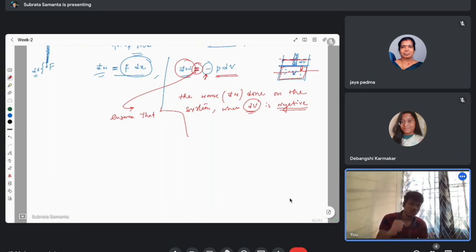You cannot just push the piston suddenly. So this equality sign ensures that the way you change the volume is reversible. That means at every point you can go back and forth along the same path. The reversible process ensures that the process is reversible.